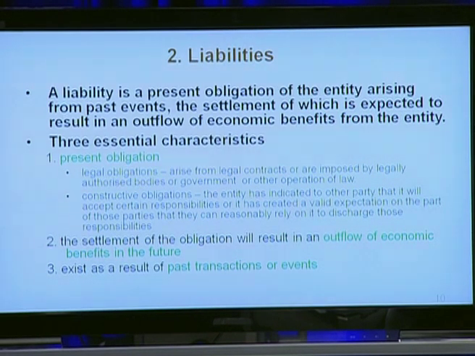The second one we have is constructive obligations. The entity has indicated to another party that it will accept certain responsibilities, or it has created a valid expectation on the part of those parties that they can reasonably rely on it to discharge those responsibilities. So, these are the two present obligations.